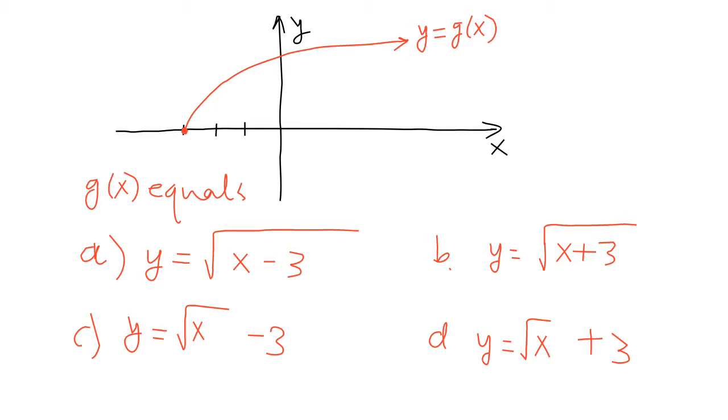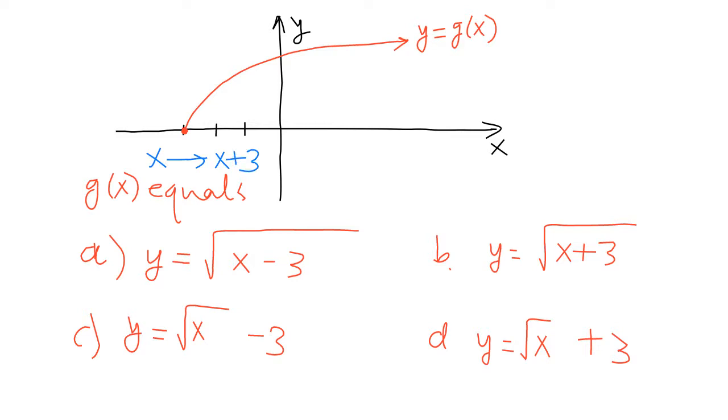So let us check. Is this horizontal or vertical shifting? Horizontal, yes. And in particular 3 units to the left. 3 units to the left means I have to replace x with x plus 3. Now I have to guess what's the parent function.